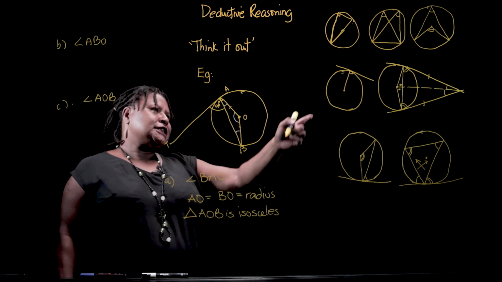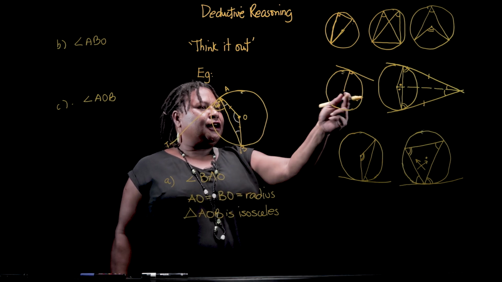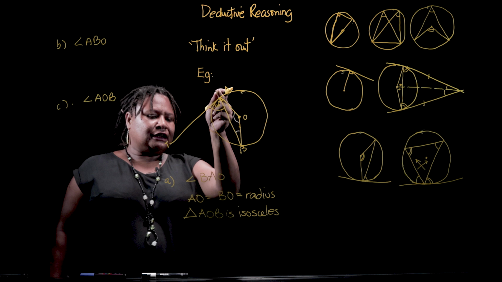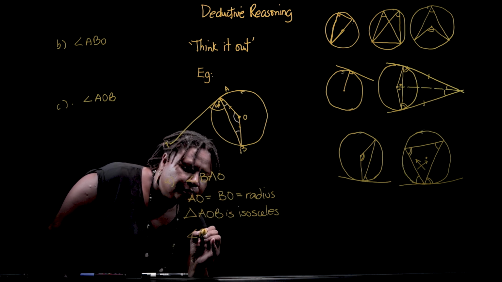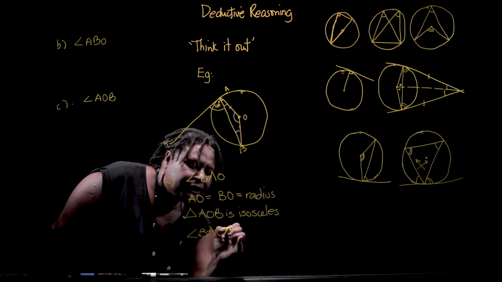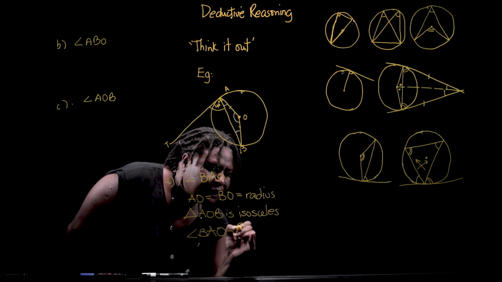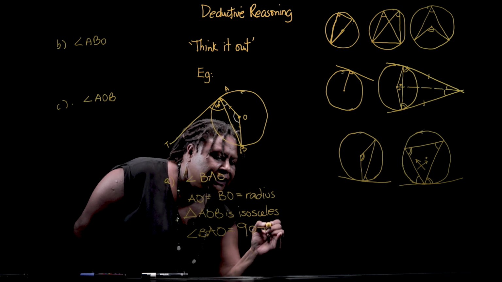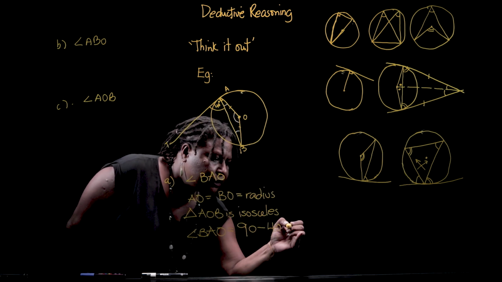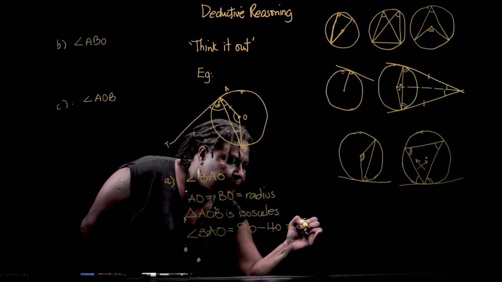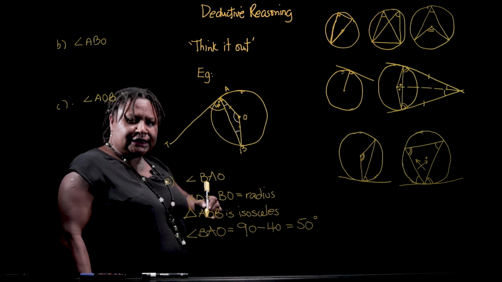How do we find this? We are going to use the circle property where radius and tangent meet at 90 degrees. So angle BAO is equal to 90 minus the given angle here of 40, which is going to give us 50 degrees.